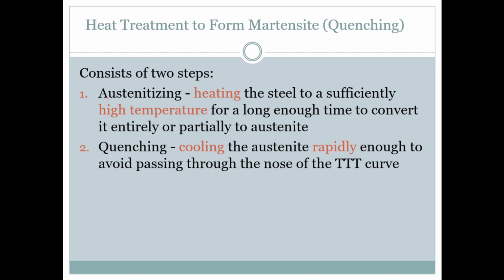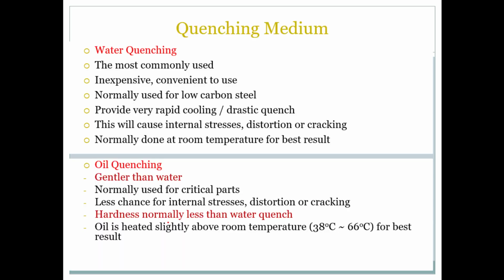So, it consists of 2 steps: heating the steel to a sufficiently high temperature for a long enough time to convert it entirely or partially to austenite. Then quenching, cooling the austenite very rapidly, enough to avoid passing through the nose of the TTT curve. So here we have a quenching medium. We'll use water and we'll use oil.